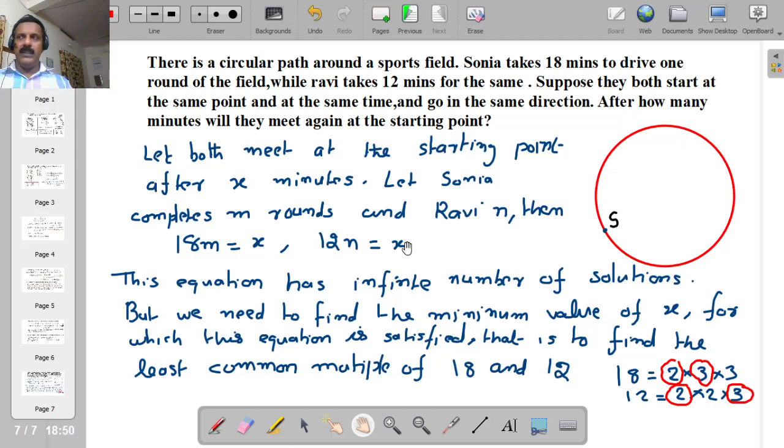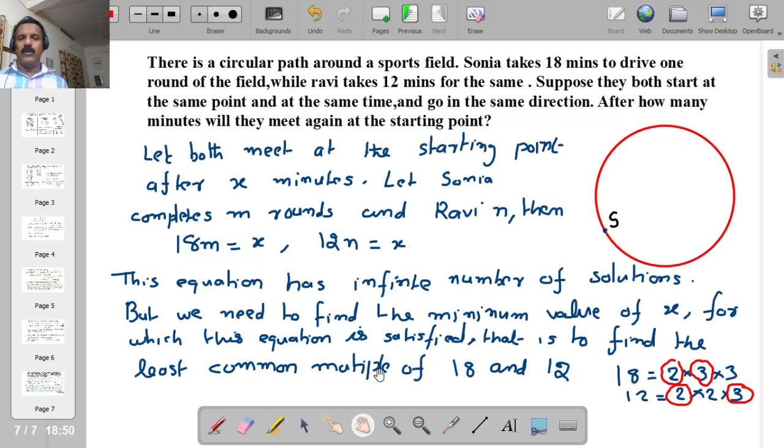X should be a multiple of 18 and a multiple of 12. We have to find the lowest value of X satisfying both conditions. That means we have to find the LCM of both 18 and 12.